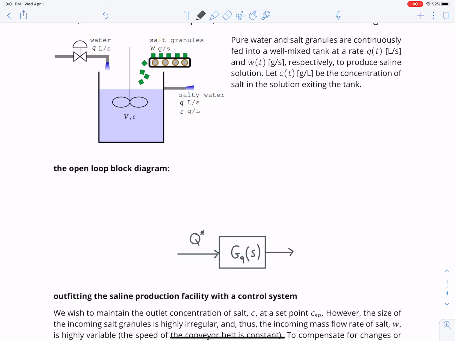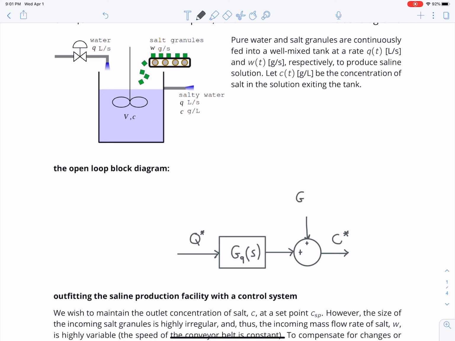But this is not the only input that affects C. So W affects C as well, right? So this is just one contribution that determines C, how salty the water is. There's another contribution from W, and that's the flow rate of salt.